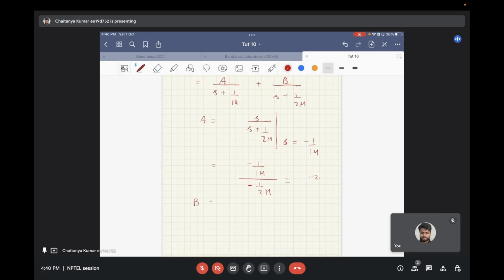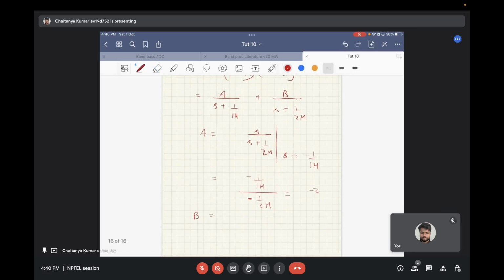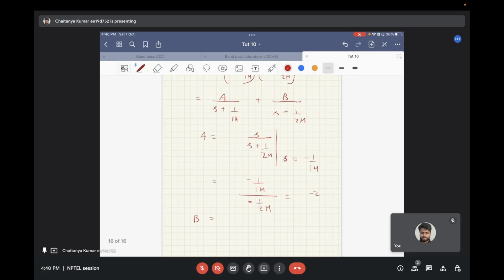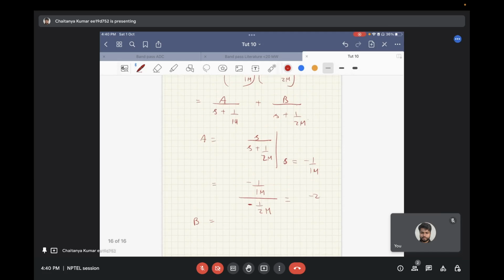Similarly, B comes out to be minus 1 by 2 into 1 upon 1 minus 1 by 2, and this is minus 1.